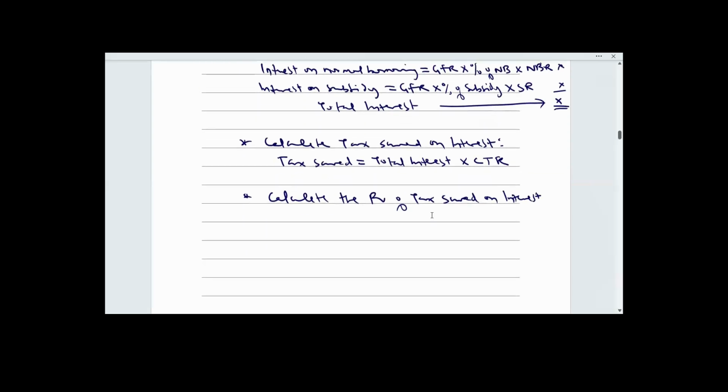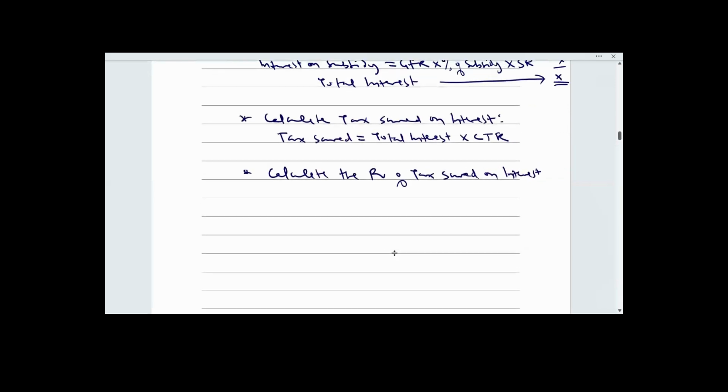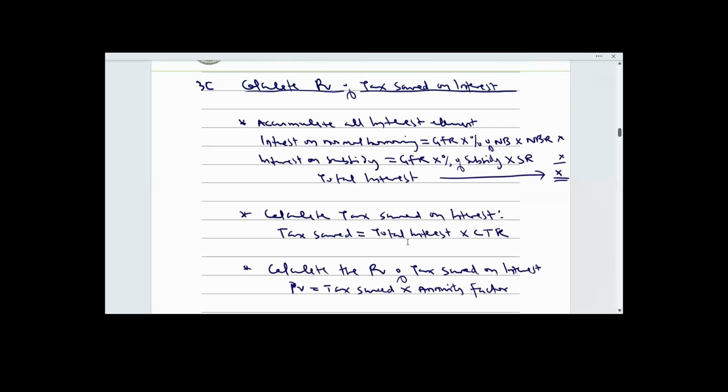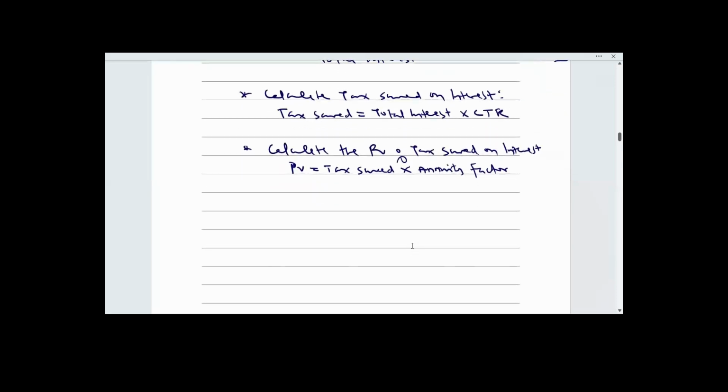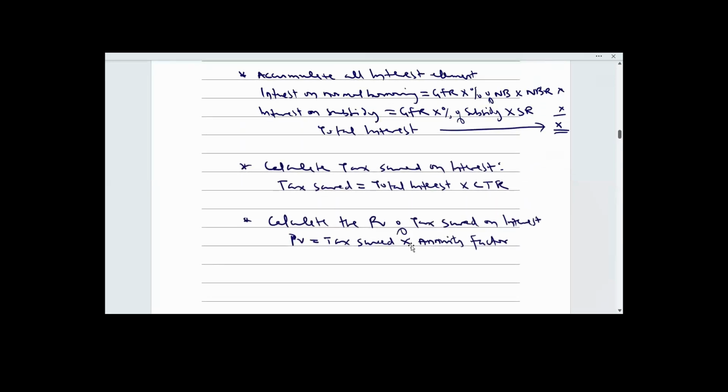So PV will be equal to the tax saved multiplied by annuity factor. So these are the procedures you are going to carry out whenever you want to calculate the PV of tax saved on interest.